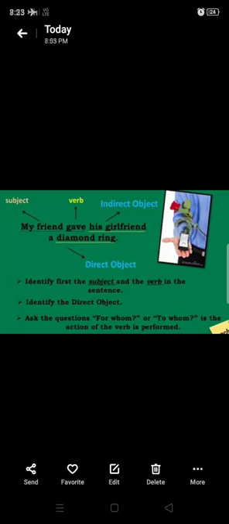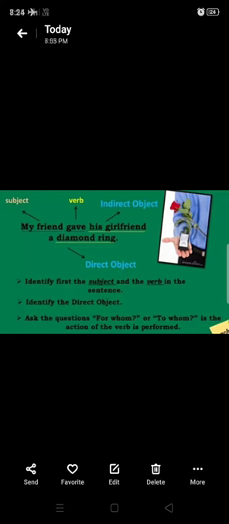In order to identify an indirect object, first identify the subject, verb and the direct object. Then, after identifying the direct object, ask the question to whom or for whom the action is performed.